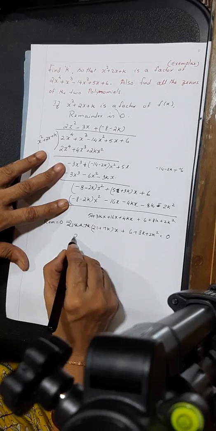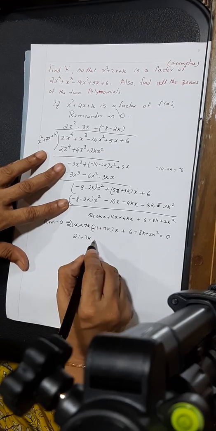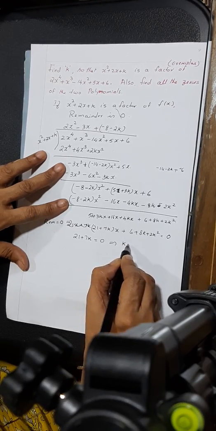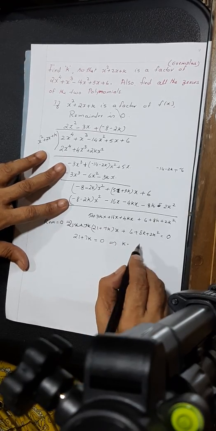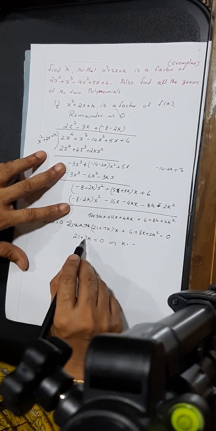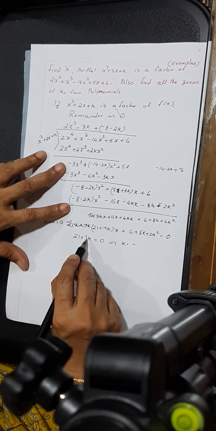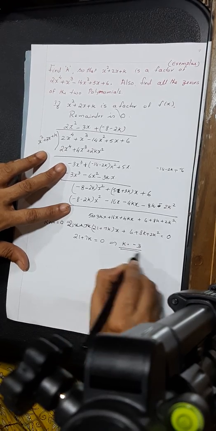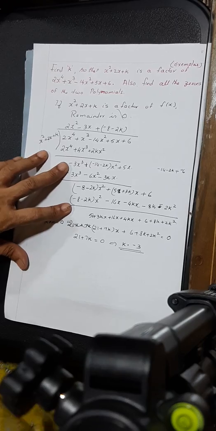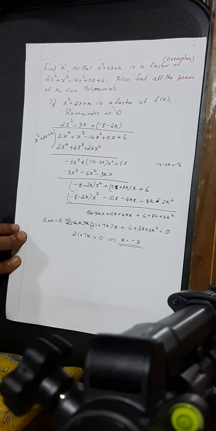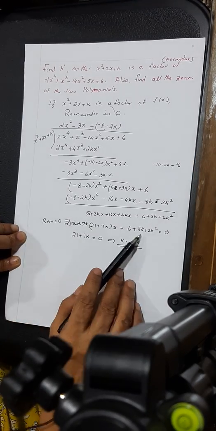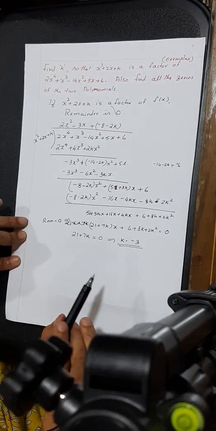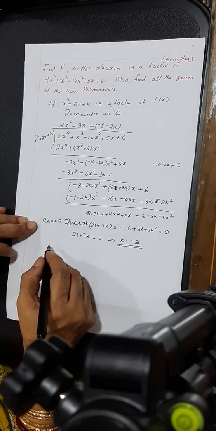Then 21 plus 7k is equal to 0. From this you will get 7k is equal to minus 21, so k is equal to minus 3. If you substitute this and equate it to 0, you will also get the same value, k equal to minus 3.